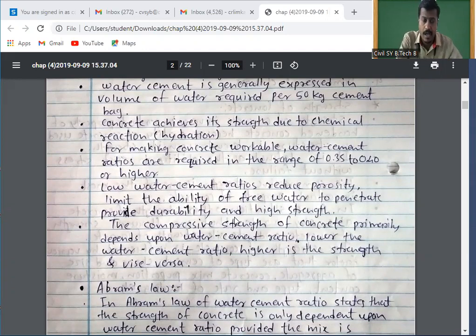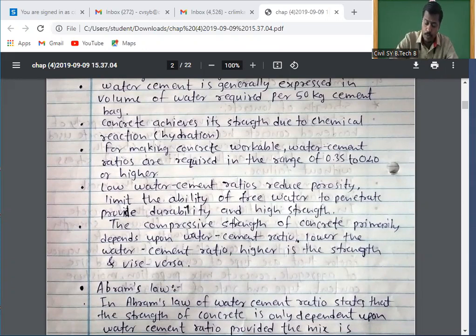That is why we always recommend using the water to cement ratio that you have calculated. Now this question may have come to your mind: sir, how are we going to calculate the water to cement ratio? So in your chapter number 7, I will give brief information about how to calculate the water to cement ratio.